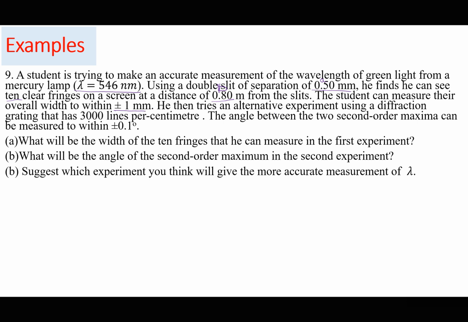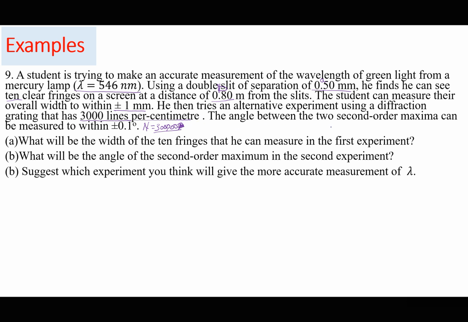He then tries an alternative experiment using a diffraction grating that has 3000 lines per centimeter. So this one is going to help us. Remember, capital N is the number of lines per meter. So capital N is supposed to be 3000 times 100, so capital N is going to be 300,000 lines per meter.